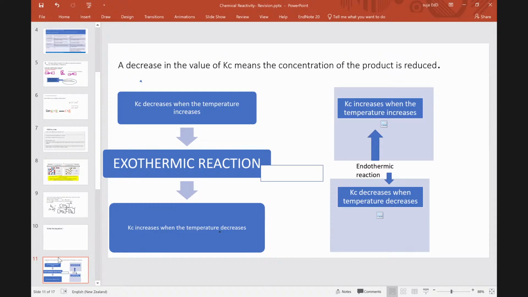But in an endothermic reaction, if the temperature increases, the equilibrium constant increases. If the temperature decreases, the equilibrium constant decreases. Endothermic, if one increases, the other increases. But in an exothermic, it's totally opposite. So these are the things you need to write in your answer while answering about equilibrium constant and the effects of temperature.